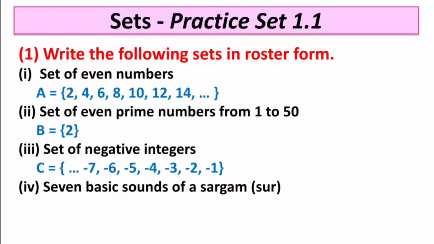As we know, the 7 basic sounds are sa, re, ga, ma, pa, dha, ni, sa. So here D equals {sa, re, ga, ma, pa, dha, ni}. This is a roster form.